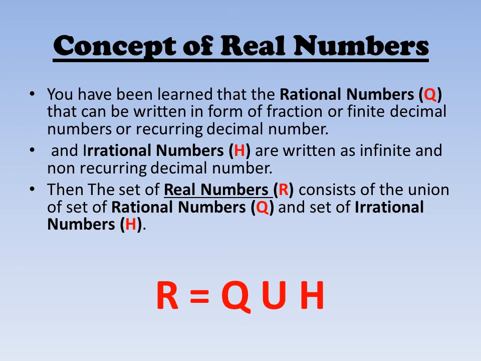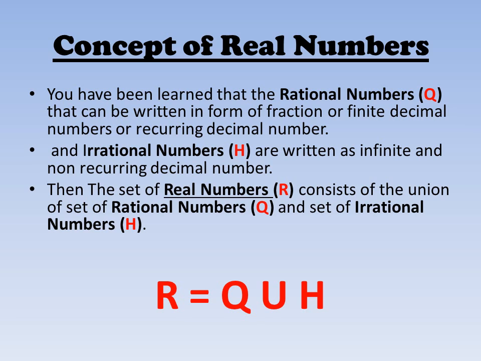So what does real number mean? You have learned that the rational numbers have the symbol Q and can be written in the form of a fraction or finite decimal numbers or recurring decimal numbers. And irrational numbers have the symbol H, capital H, and are written as infinite and non-recurring decimal numbers.